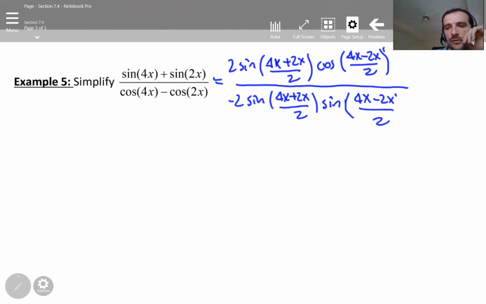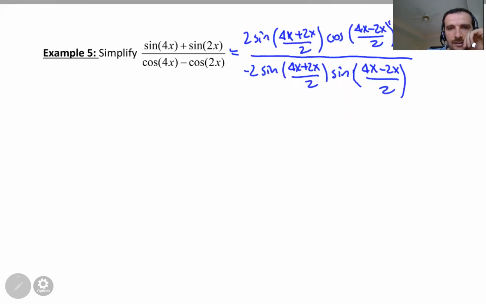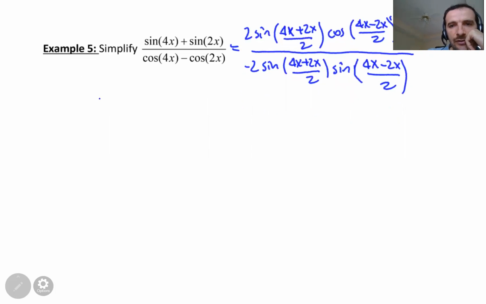Okay, cool. Let's try to rewrite these guys. First of all, I can simplify these. If you look here, sine of 4x plus 2x over 2 is 6x over 2, so sine 3x, and there is sine 3x also here, so I can simplify those two.